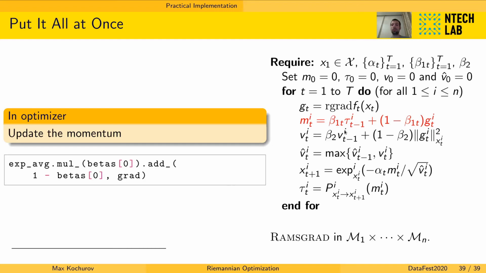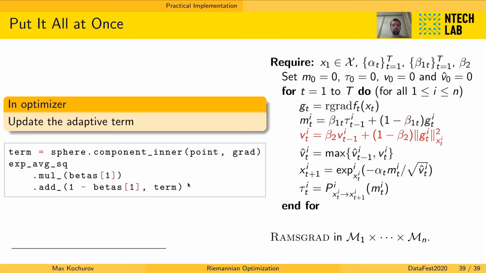Next, we have prepared the momentum from the previous iteration tau t minus 1 thanks to parallel transport, and we compute exponential averaging as usual. To update the adaptive term, we need to take into account the product structure of the manifold, computing component inner in the same idea as it's done in Euclidean optimization, and compute exponential averaging for the adaptive term.